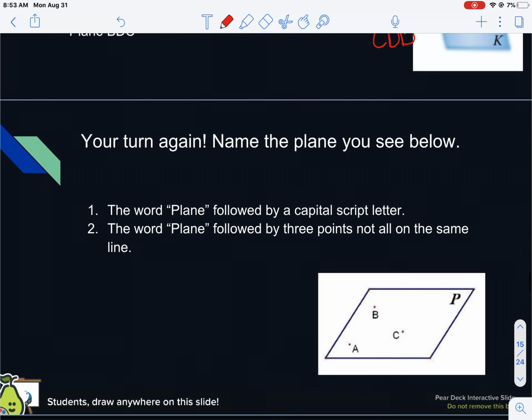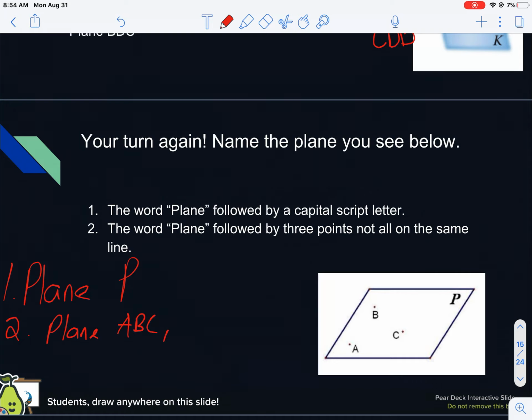So here we'll stop, send you a question, and it's your turn, and I'll start it back up. So the plane by a capital script letter, plane P, and plane followed by 3 points not all on the same line.